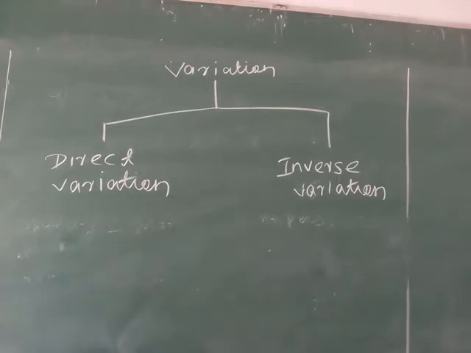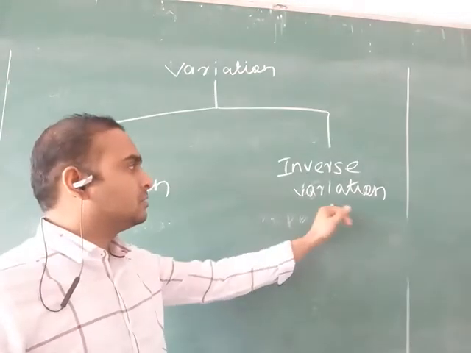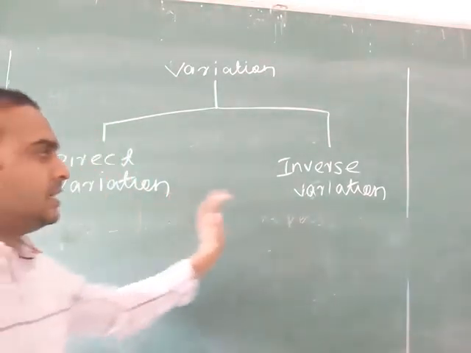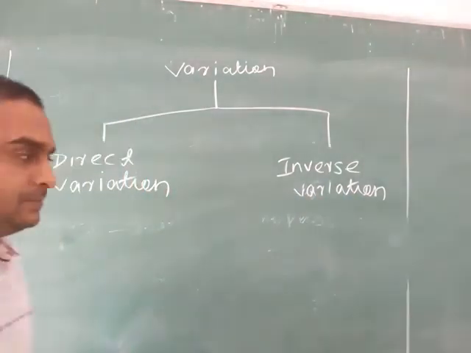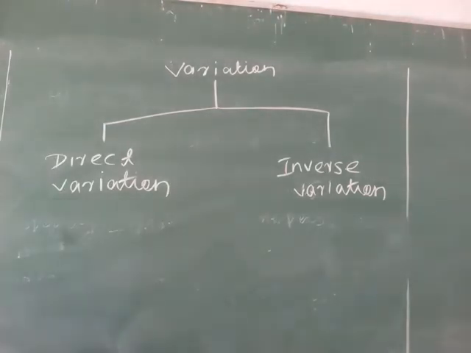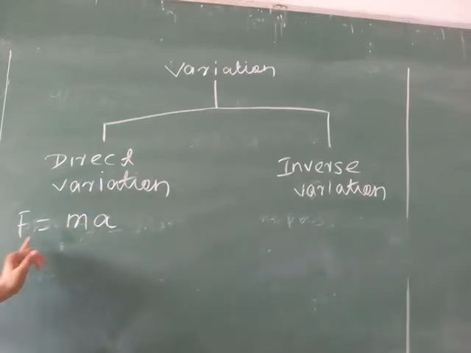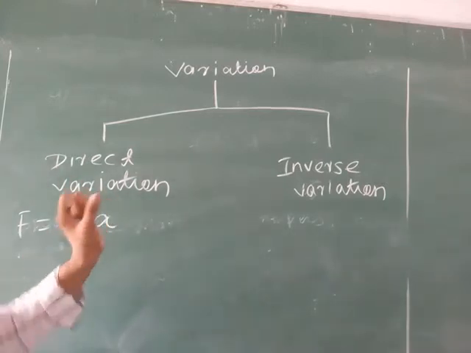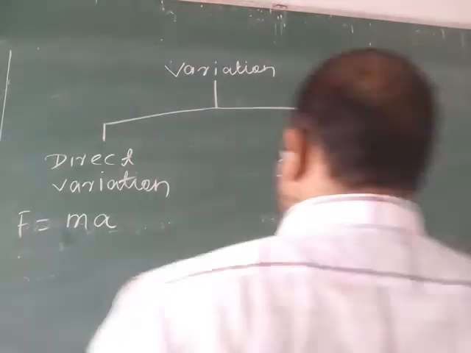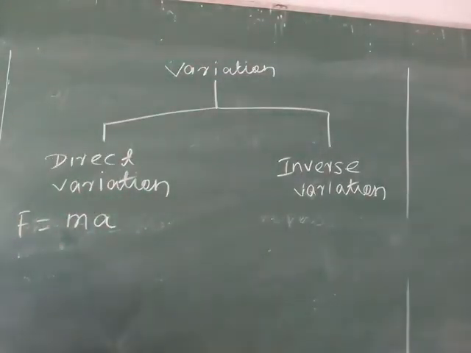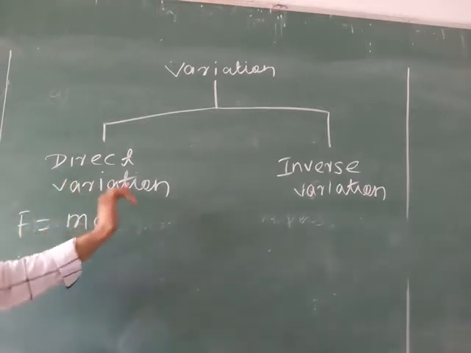Now I am giving some mathematical examples of direct variation and inverse variation as well. As we have a formula F equal to m a, force is equal to mass into acceleration. I have written this to describe what is direct variation.